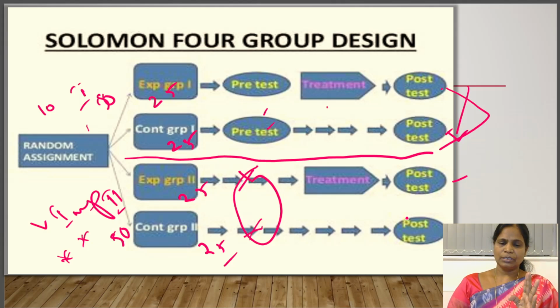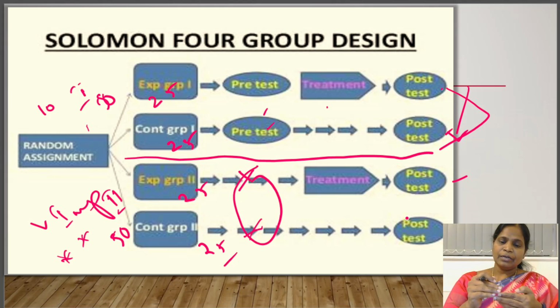I hope you understood. For any experimental design, you need control, manipulation and randomization. Randomization is related to selecting the sample. Control group is where no intervention is done, but it is used as a reference point or a benchmark with which we can compare the experimental group. Experimental group is one where a treatment is given, and pre-test and post-test scores are compared.